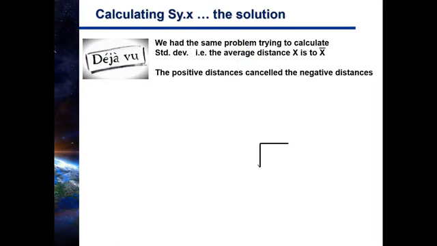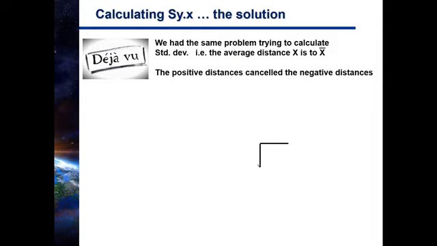Remember we said, before we even learned about those, let's just calculate the average distance that x is to x bar. And when we did that, half of the x minus x bars were negative, and the other half were positive. And when you added them all up, you got a big fat 0.